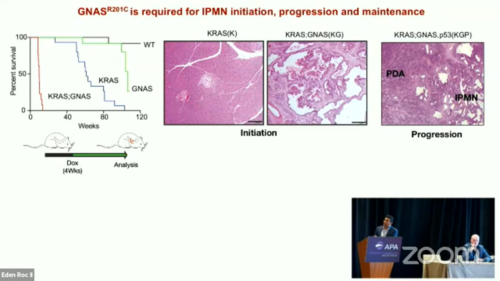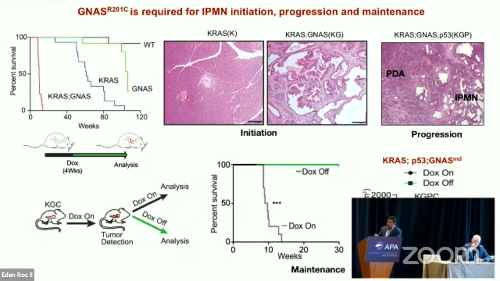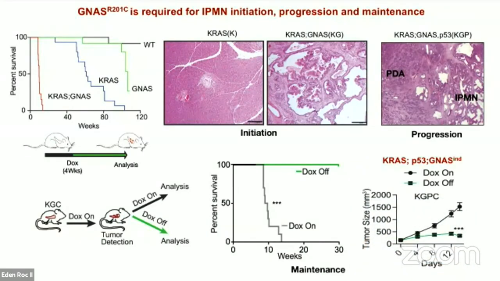We took advantage of our doxycycline system and asked whether mutant GNAS is required for tumor maintenance. We developed tumors in those animals, and when we detected a tumor, we took doxycycline off from half of the animals and followed the tumor kinetics.